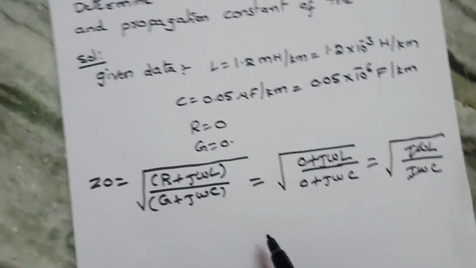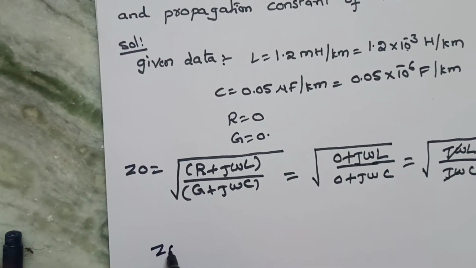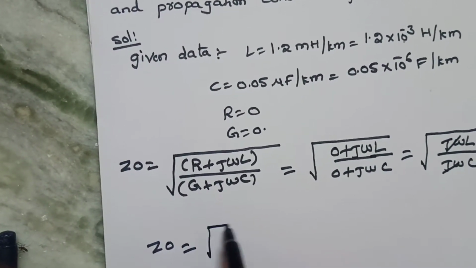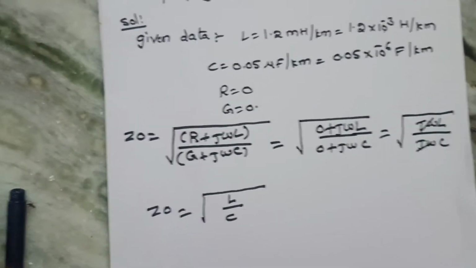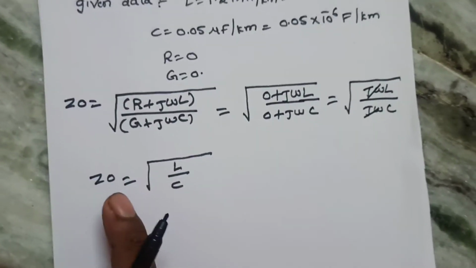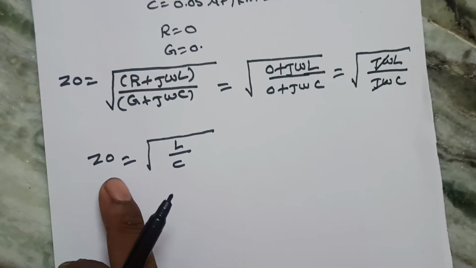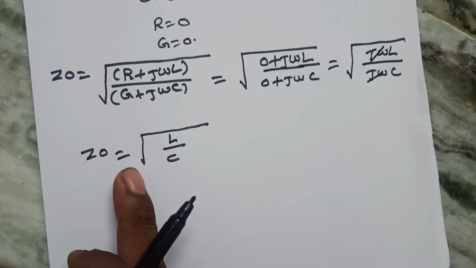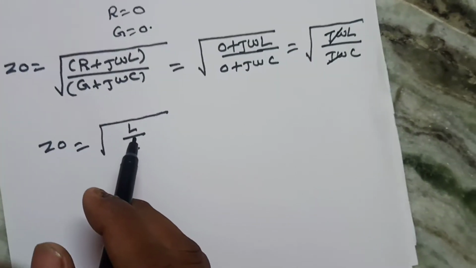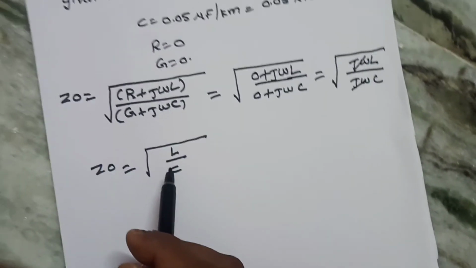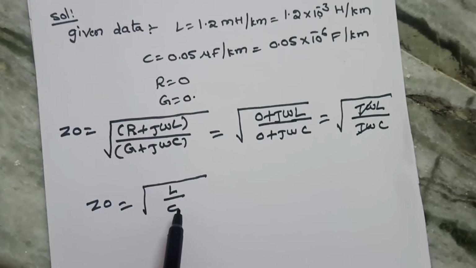The remaining value, characteristic impedance Z0 is equal to square root of L by C. This is also the characteristic impedance of transmission lines at radio frequencies.